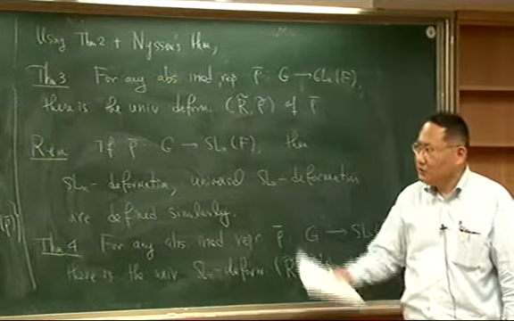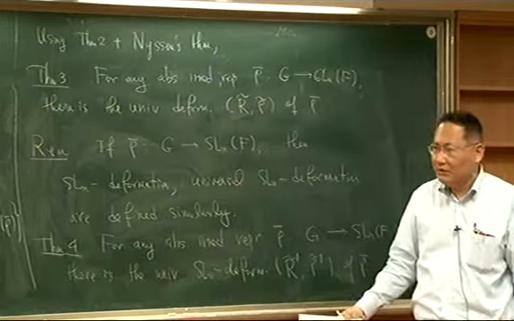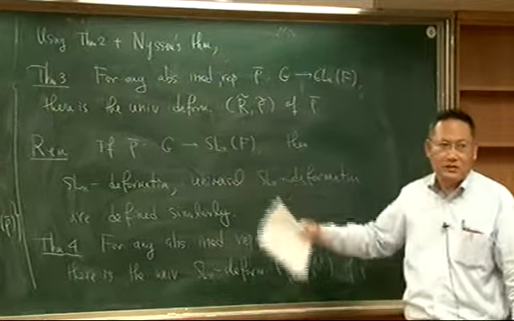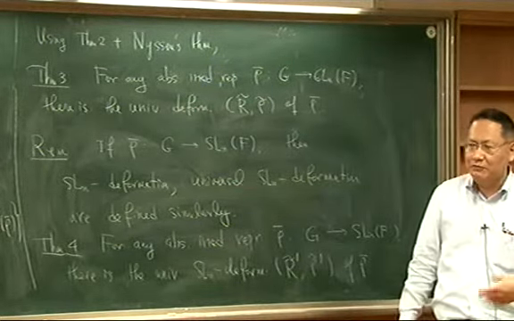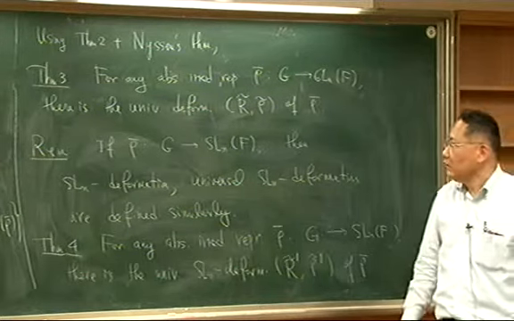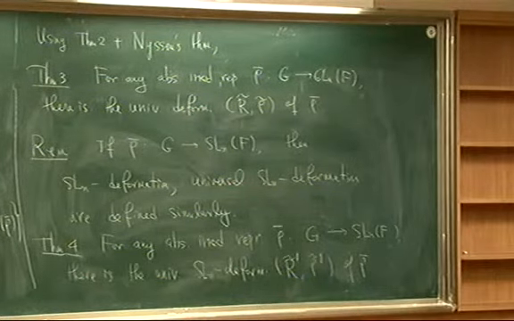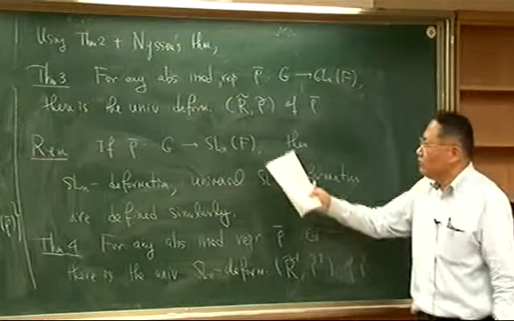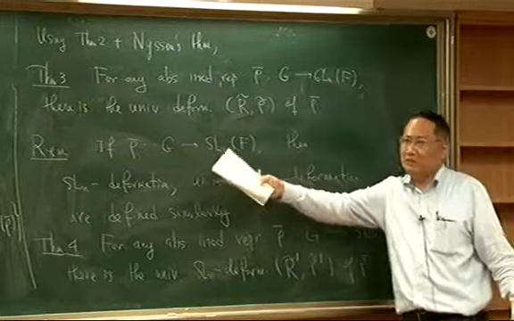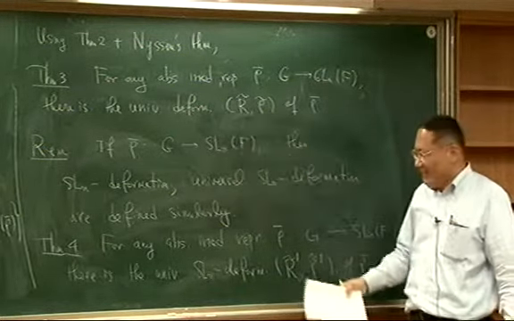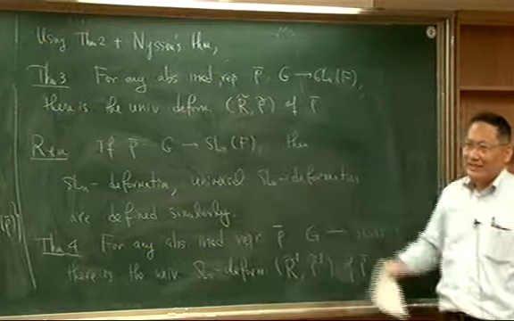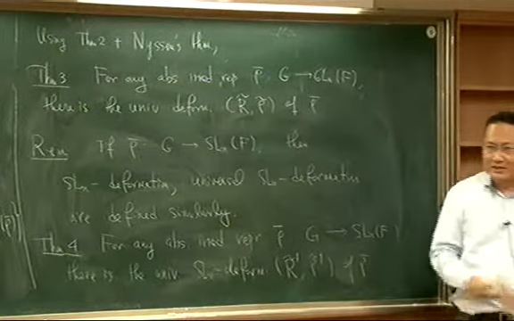But for the knot case I discuss now, we can give it explicitly using some other information. For a general profinite Galois group, it's difficult to give a concrete description of R tilde.